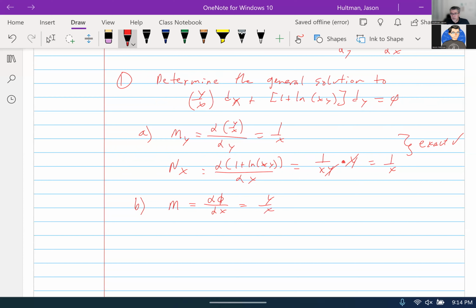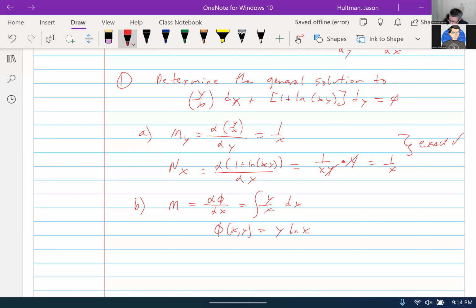If I take the derivative of the potential function with respect to x, it's going to be y over x. So if I integrate, I would get phi of x,y. Remember, I'm integrating with respect to x, and y is just a constant in this case. Then I get y times the natural log of x.